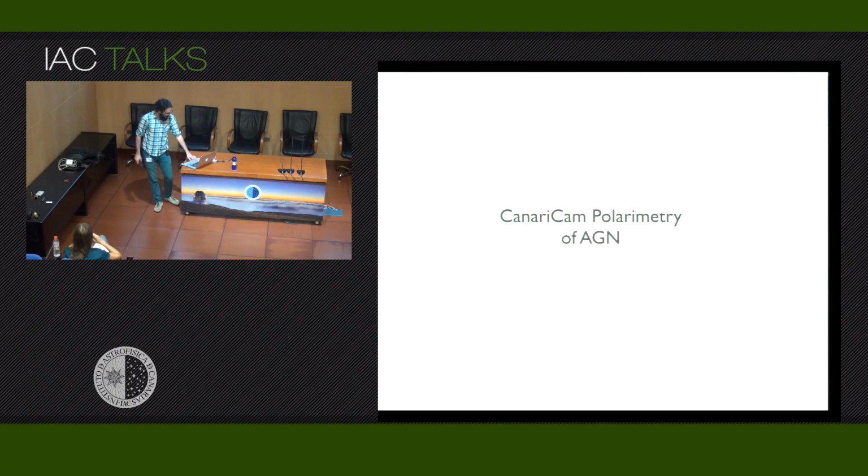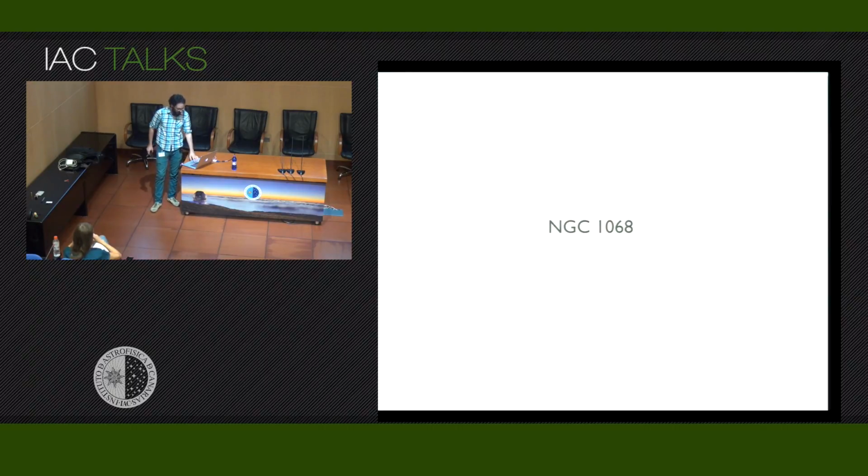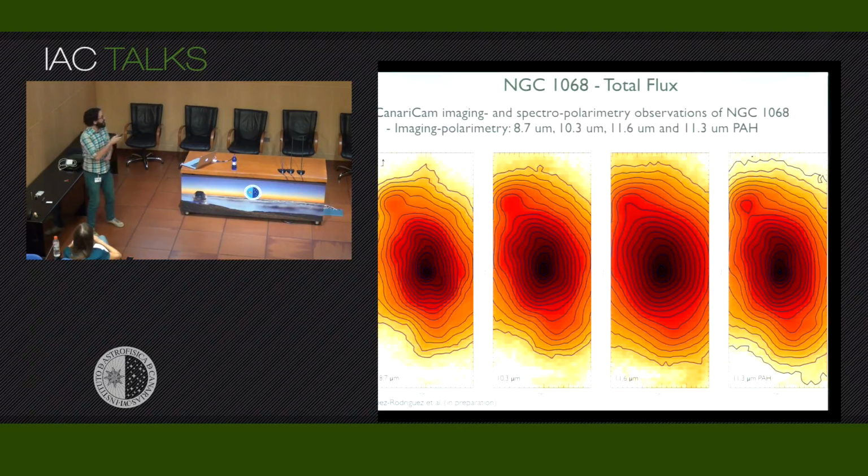So we used CanariCam polarimetry of AGN, and we observed 1068 using different filters, with a wavelength coverage at 8.7 micron, 10.3, 11.6, and also in the PAH, which is a very narrow filter, 1 micron wide at 11.3 micron.